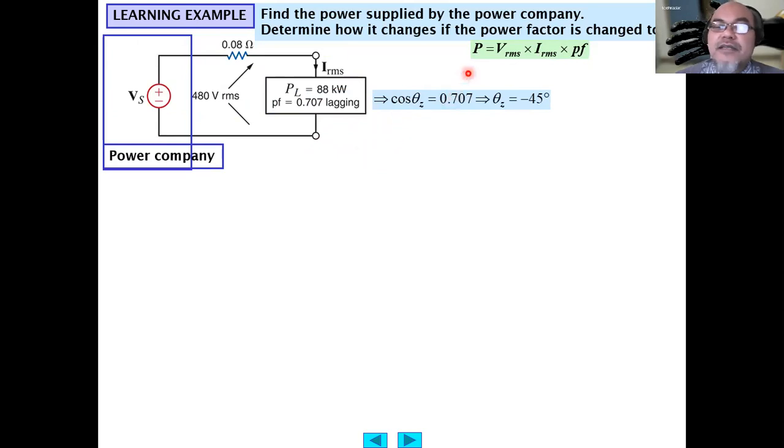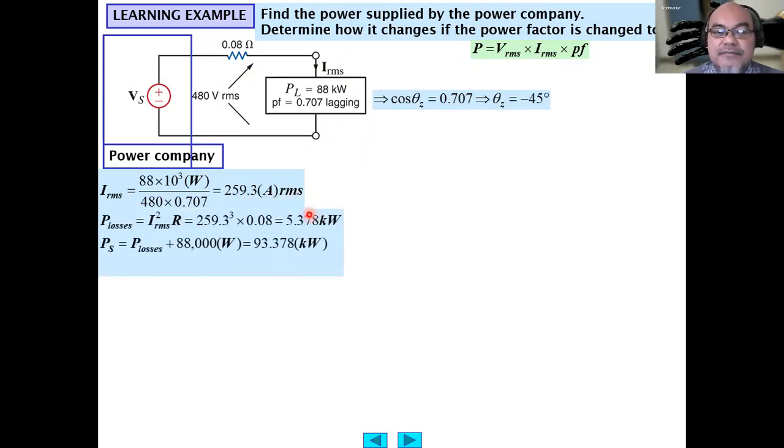Then you know that the power equals Vrms times Irms times the power factor. So the Irms here equals the power, 88 kilowatt, divided by Vrms and divided by the power factor. So we obtained 259.3 ampere RMS.